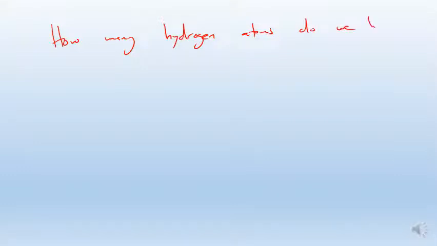So we worked out the number of oxygen atoms. The next question, and we expect this, how many hydrogen atoms do we have? So let me just write that down to remind you. How many hydrogen atoms do we have in 2 moles of water?